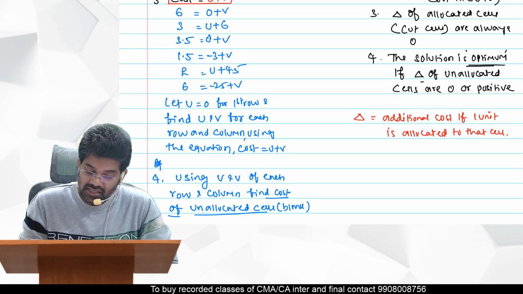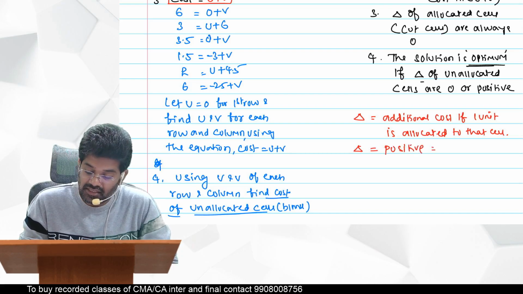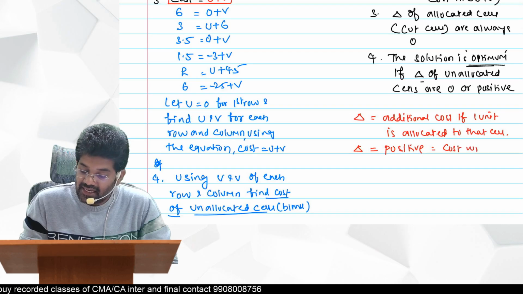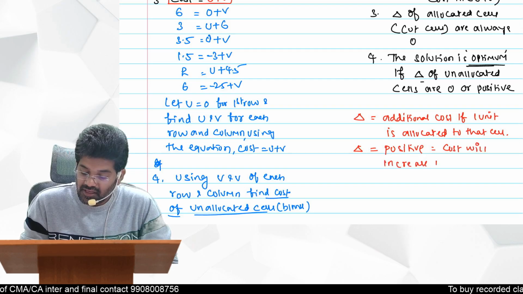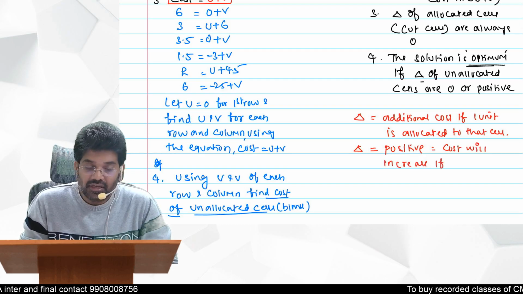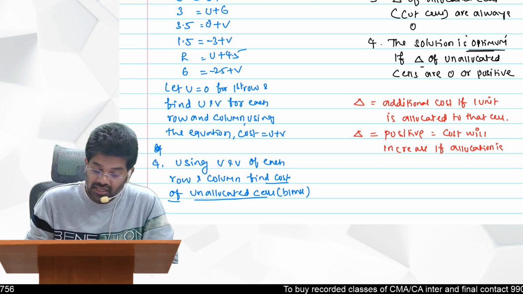So if the change is positive, what does it mean? It indicates the cost will increase if allocation is done to that cell.